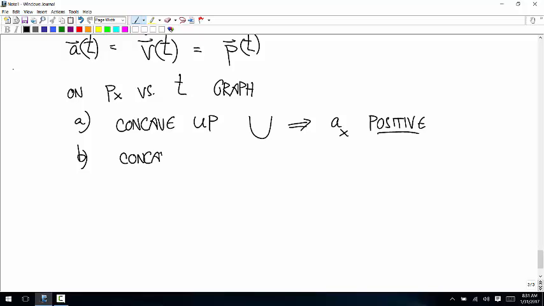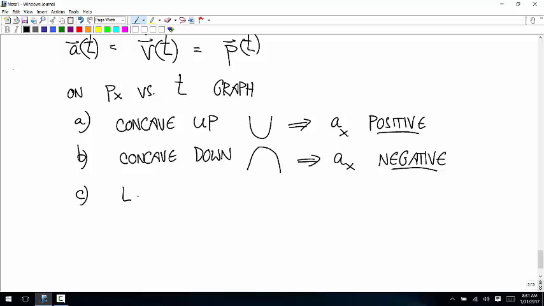And concave down means the x component is negative. And if it has no concavity, if it's linear, that means that the x component of acceleration is 0.